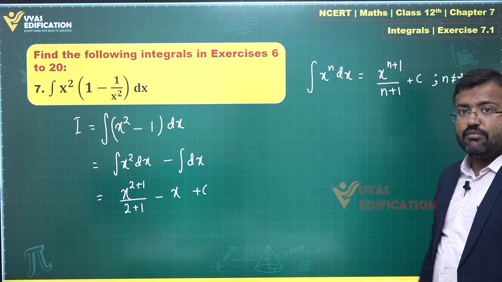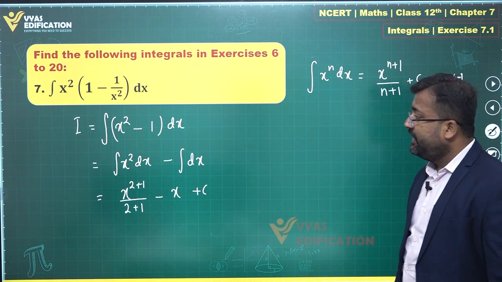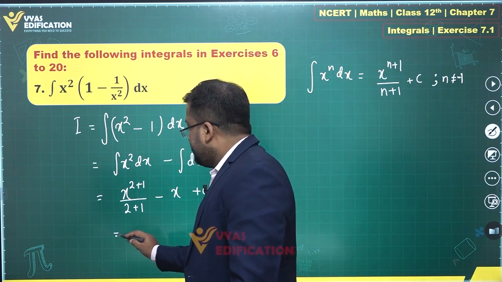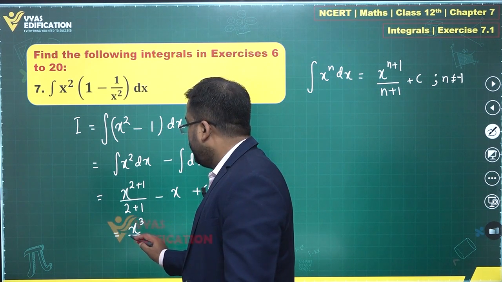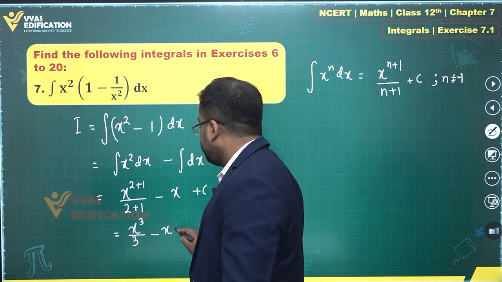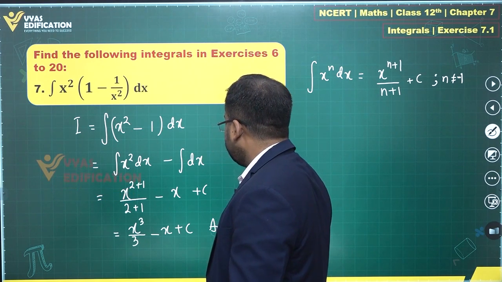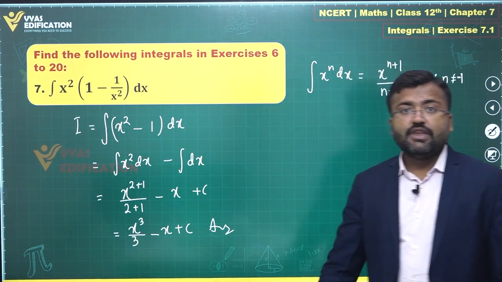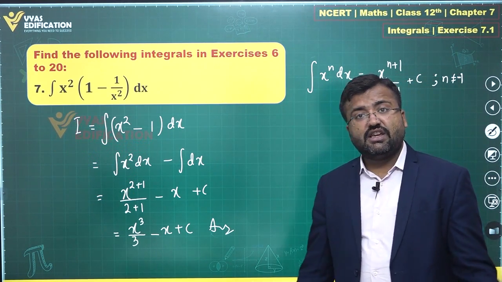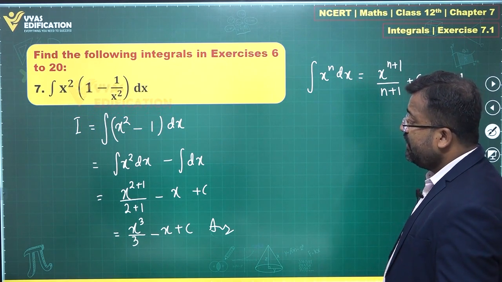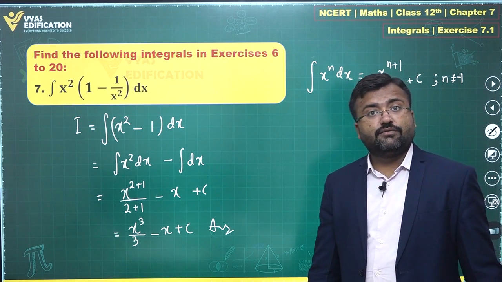This is important, right? This becomes x power 3 over 3 minus x plus c, and yes, that is the answer for this 7th question.